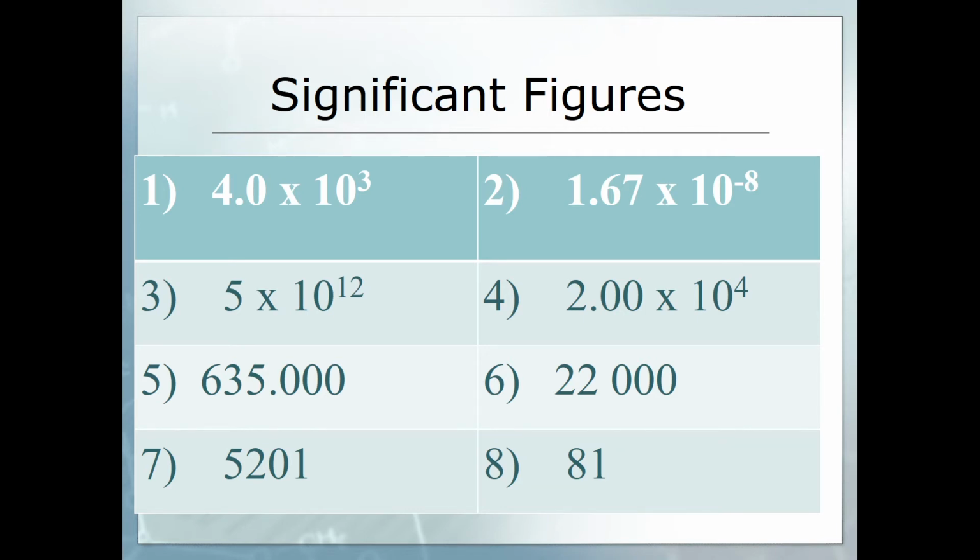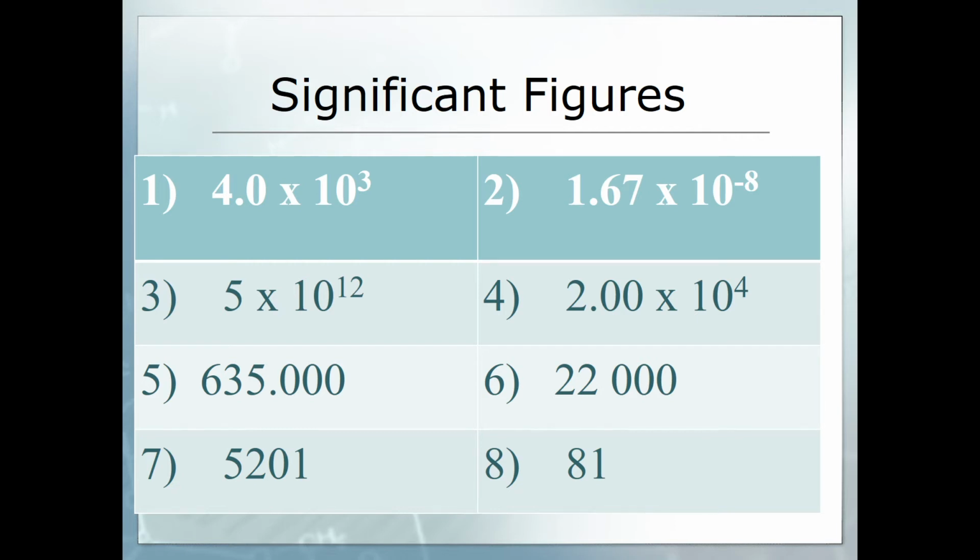So how many significant digits are in number 1? 2. What about number 2? 3. What about number 3? 1. Number 4? 3. So we include the trailing zeros at the end because there's a decimal point.